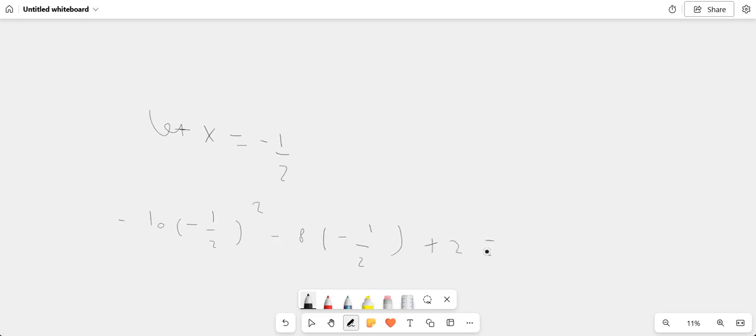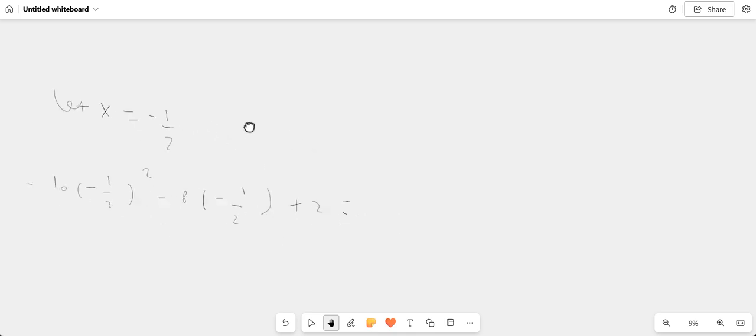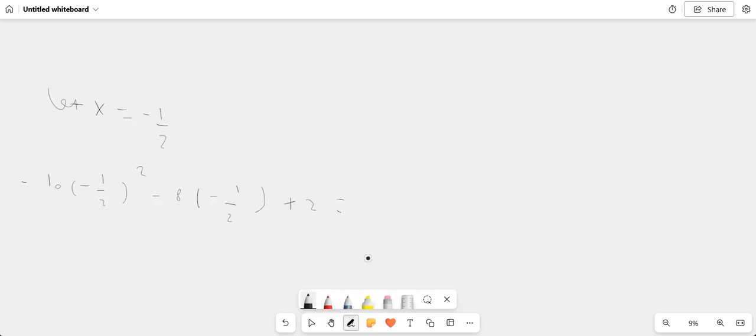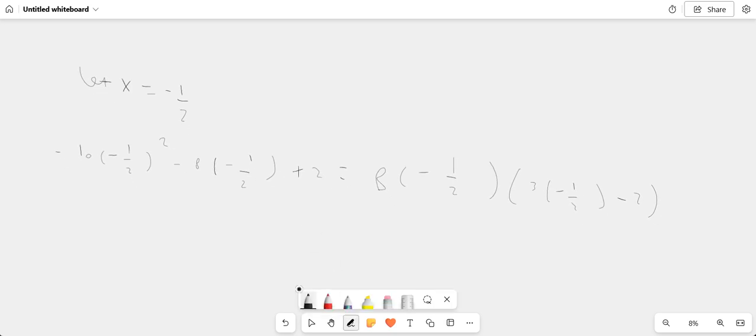And then that's equal to, the one for A goes away, the one for C goes away, so you just have the one for B, which is B open bracket minus 1 over 2, and then 3 open bracket minus 1 over 2. So you just put minus 1 over 2 into the bracket that's next to B, and then on the left hand side you get 7 over 2. And on the right hand side you get 7 over 4 B, so therefore B is equal to 7 over 2 divided by 7 over 4, that's 2. So you get 2.